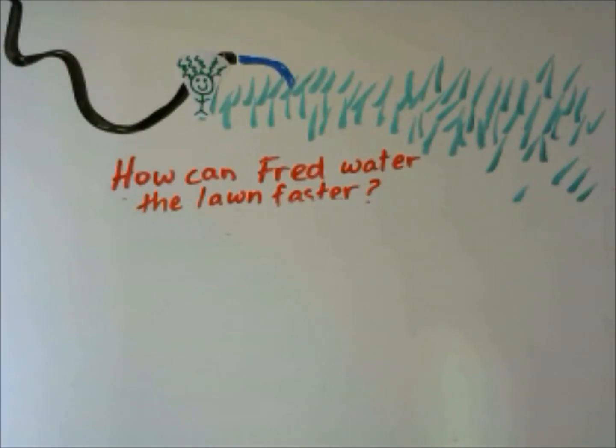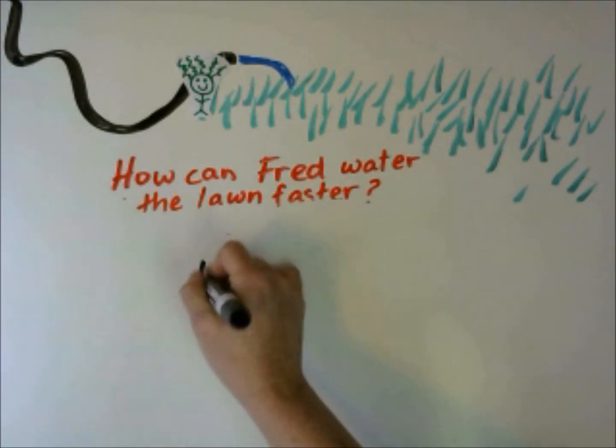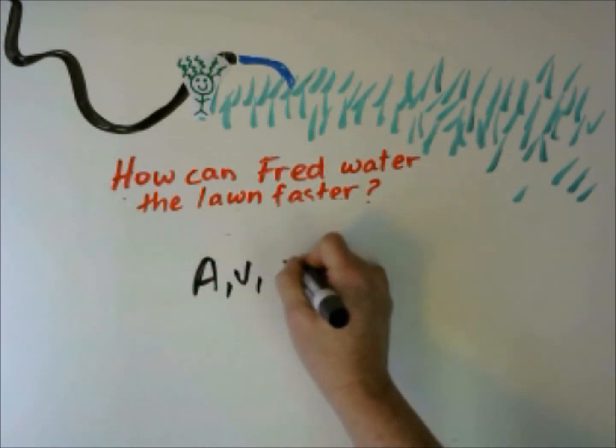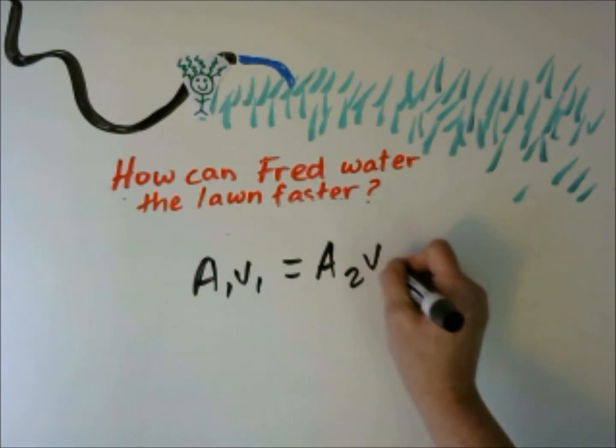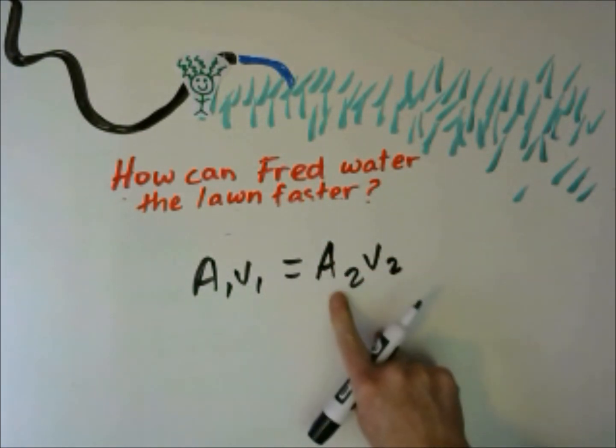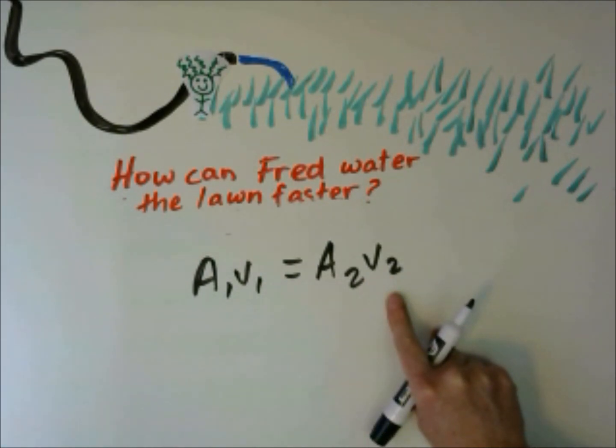So how does this help us with Fred? Well, if we can use the equation, if we reduce the area that his water is flowing through in the hose, we can increase the velocity with which it's traveling.